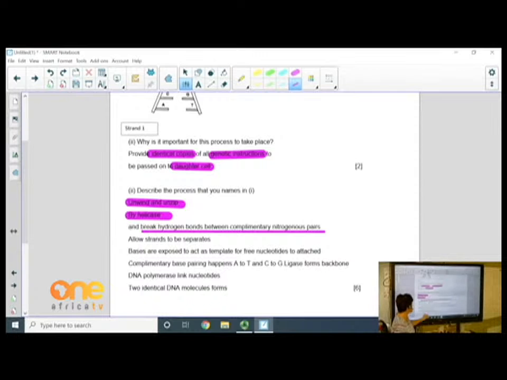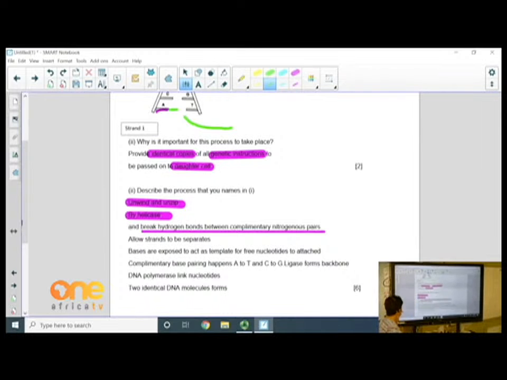Allow the strands to separate. Bases are exposed. There we can see the bases are now exposed for the free nucleotides with their nitrogenous bases to attach.